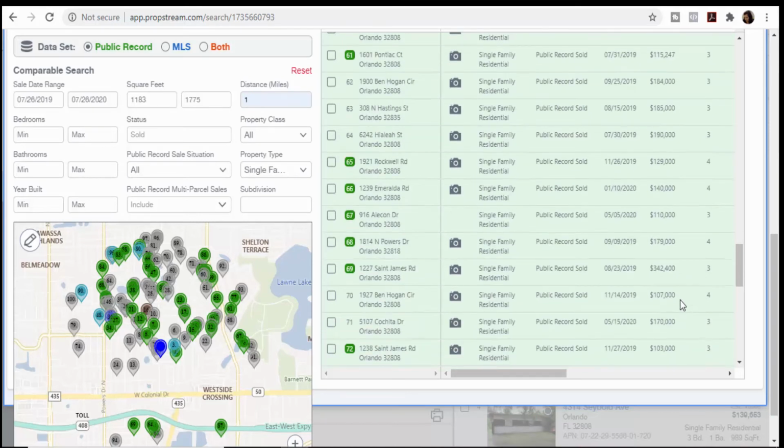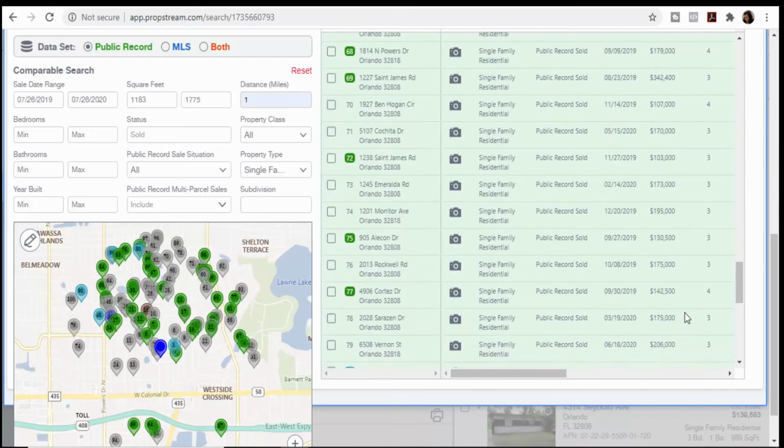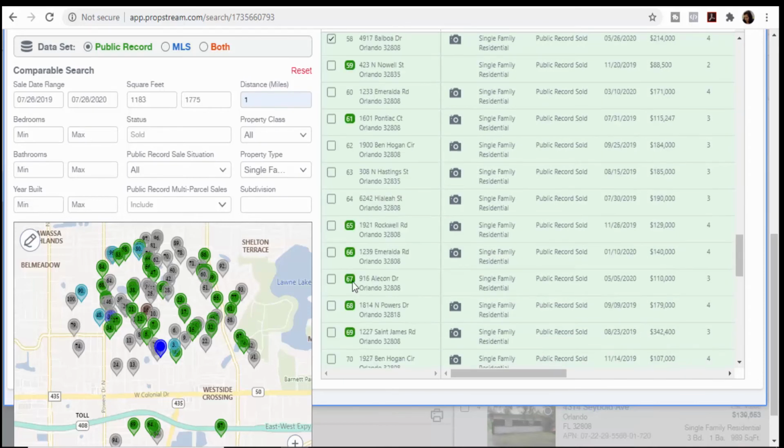There's a couple of them in here for the 340 area, but I don't think this area really justifies that. There's another 206 and another 200.